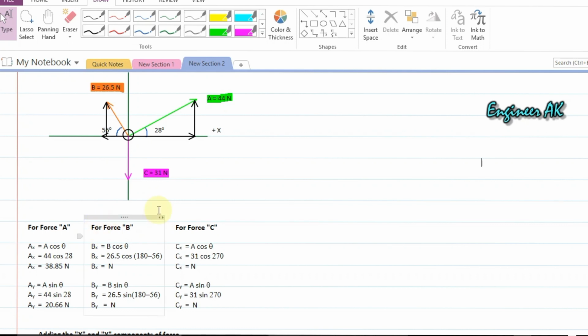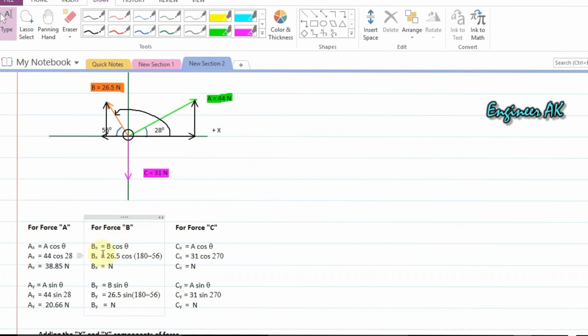Now if we talk about B, it has two components, but I am taking its angle with the positive x-axis. With the positive x-axis it becomes 180 minus 56 degrees, so I will get this angle.